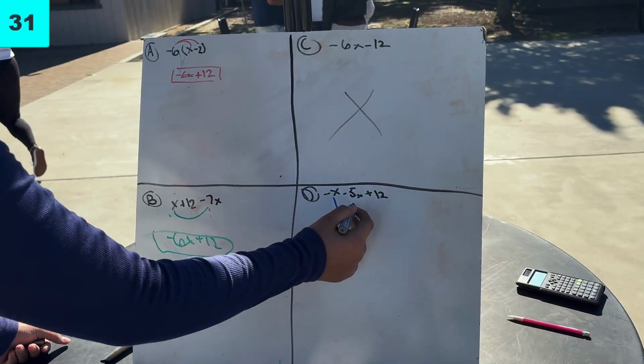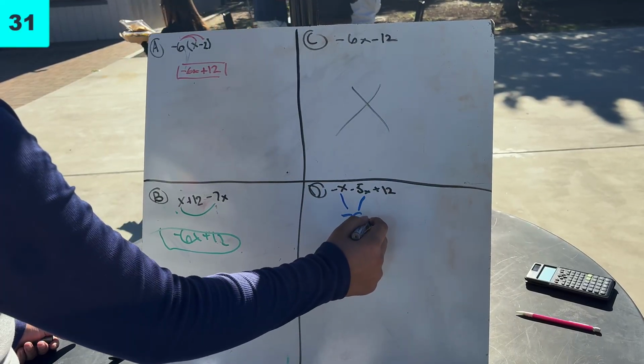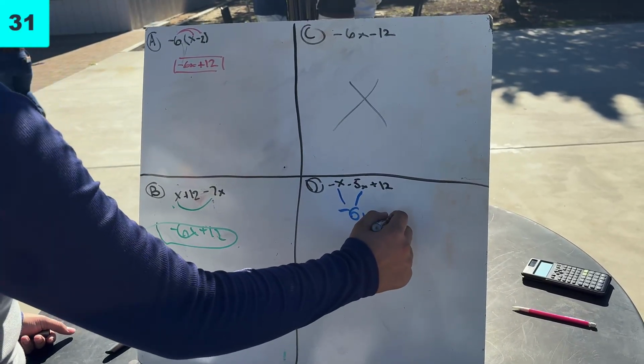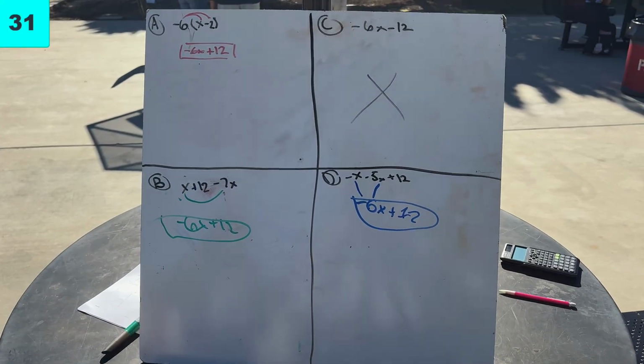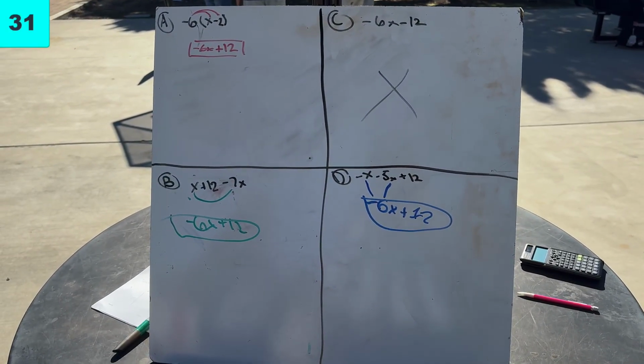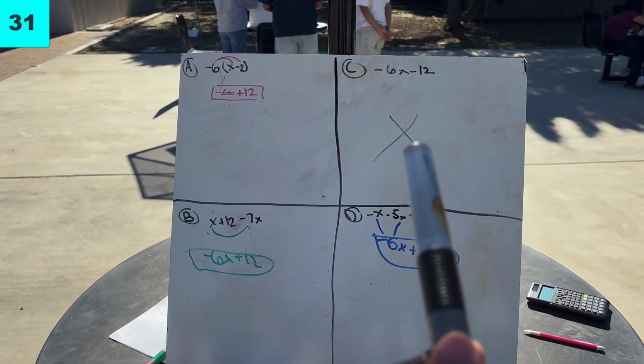You basically just combine like terms with -6x plus 12, and that's your answer. So the problems that are the same are A, B, and D, and the only one that's different is C.